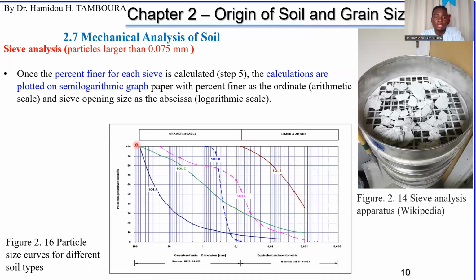On the other hand, in soil A, we have sand and gravel in a very important portion, and only a little amount of fine soil. So we can get a lot of information from this graph.